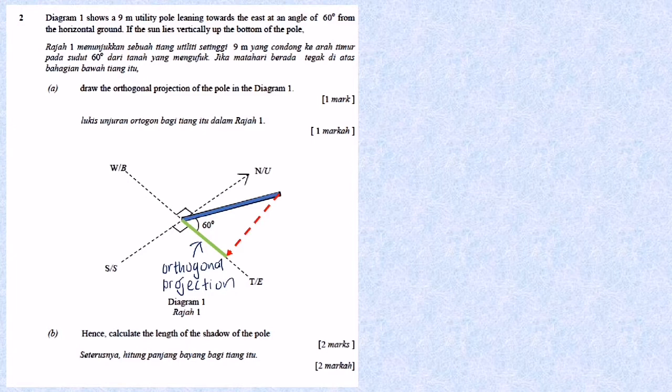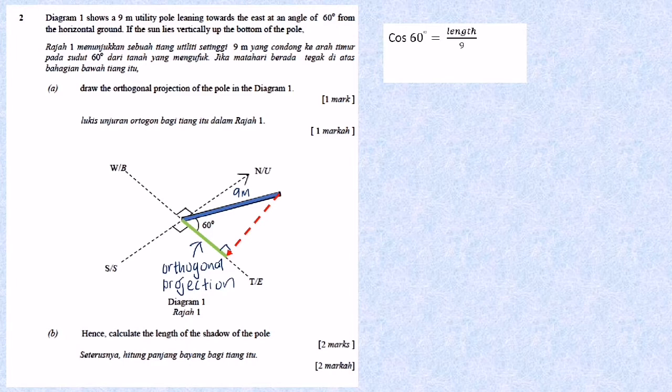B. Hence, calculate the length of the shadow of the pole. The length of the pole is 9 meters. So we have the angle and the length, so we use trigonometry to find the length of the shadow.